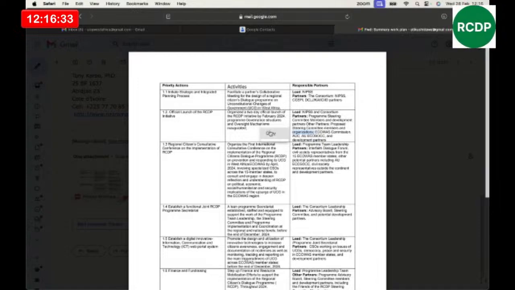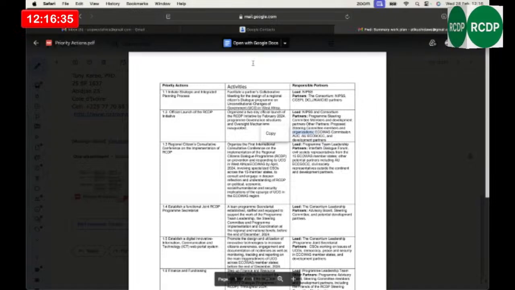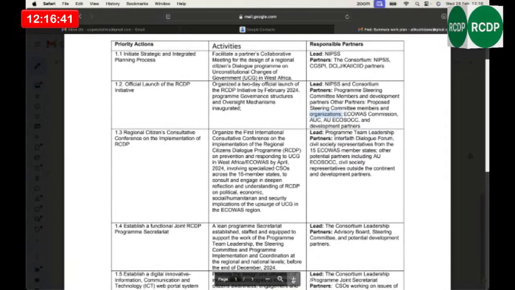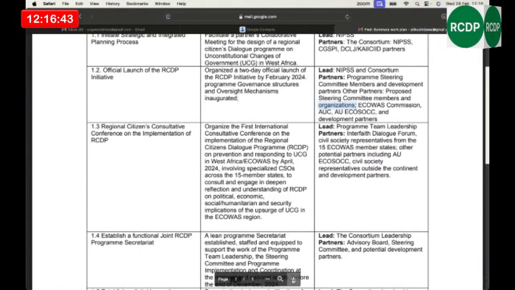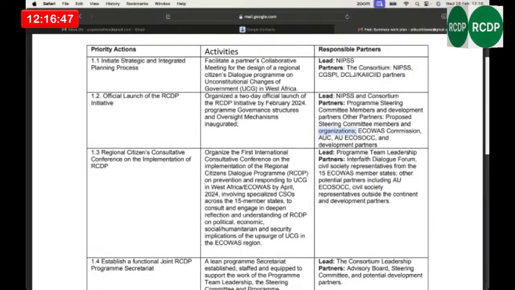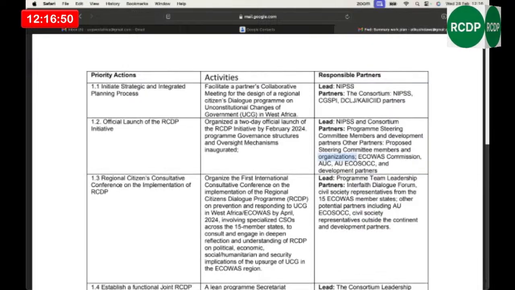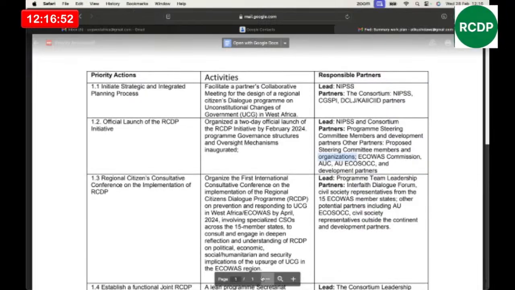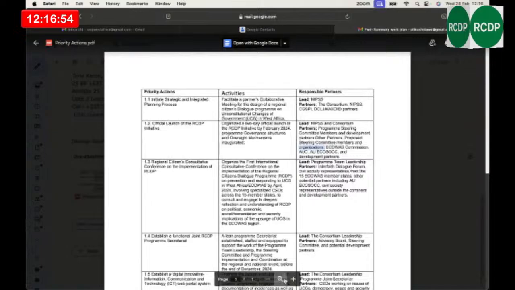It looks like this is not coming up the way we want it to come up. I can't read it.